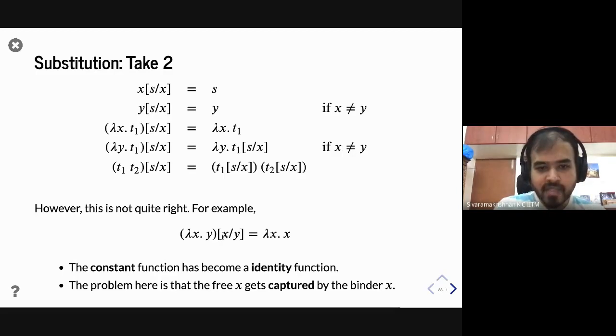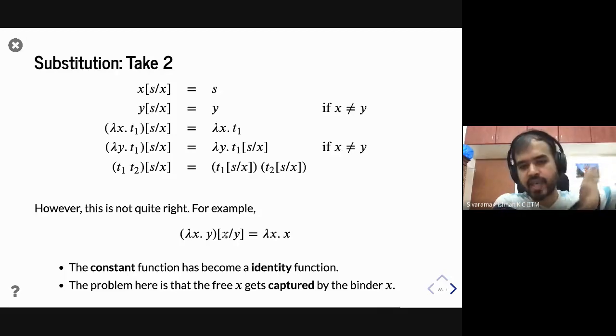If you replace the occurrences of y with x, what happens is this x is now captured by this binder. We call this getting captured. Why is it getting captured? This x is not referring to this binder at all. This x is something else that is outside.